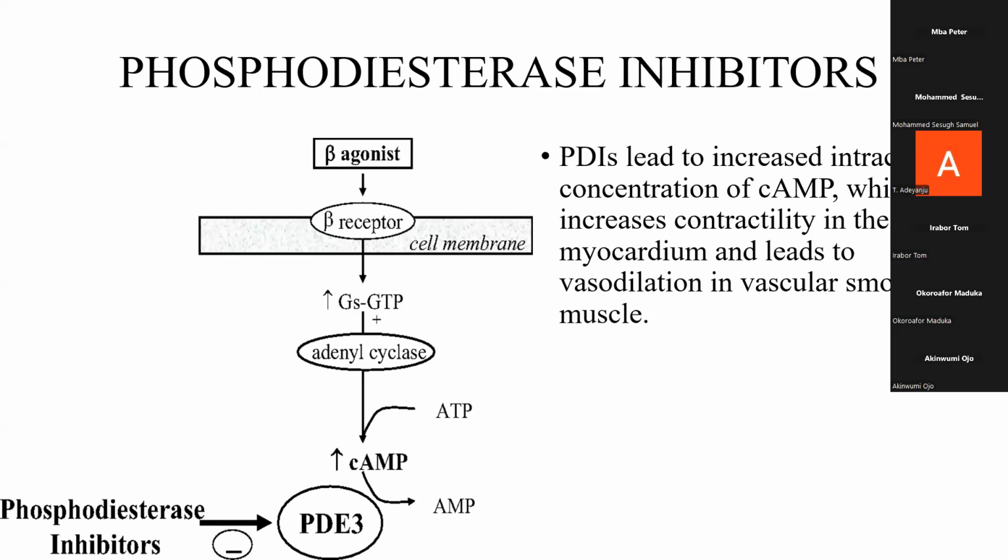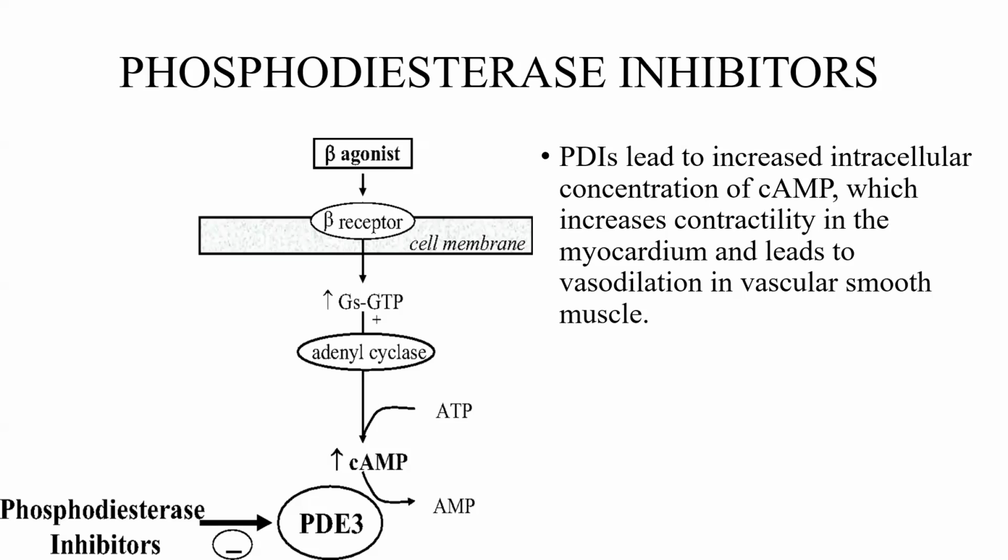These are the phosphodiesterase inhibitors. They work through essentially the same pathway, but if you look at it, they go through the beta receptor, the G proteins, the adenyl cyclase, but the phosphodiesterases are enzymes that break down your cyclic AMP.